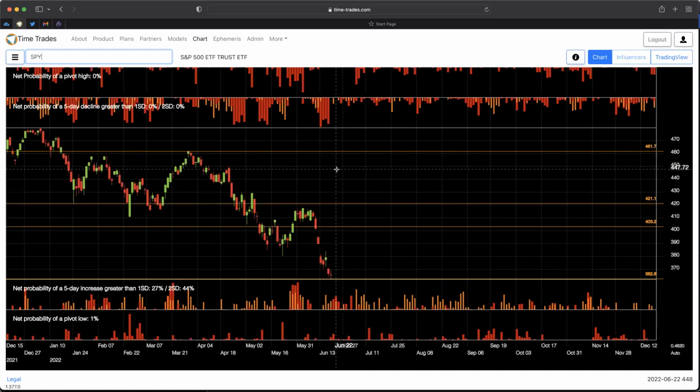So the spiders are aligned with the Qs. We're showing a 2-3 day uptrend here, small pivot low happening on Tuesday, the 21st, with some probabilities of a 2 standard deviation move up Tuesday, Wednesday, and a big pivot high here July 5th. And after that, it's mostly down pressure.